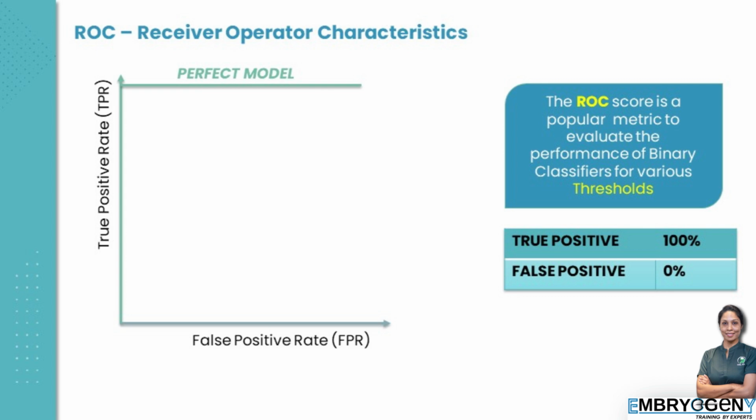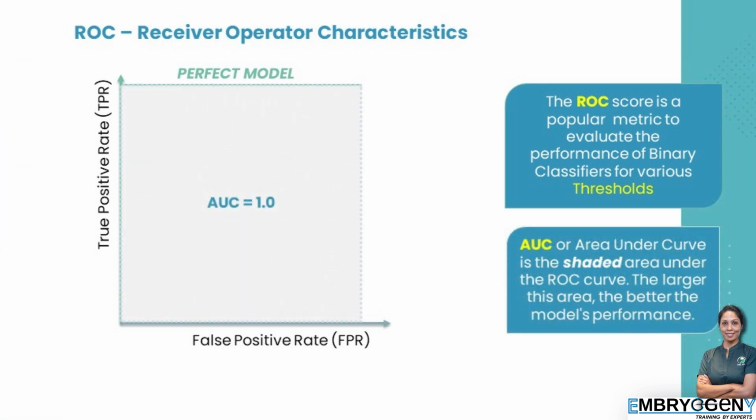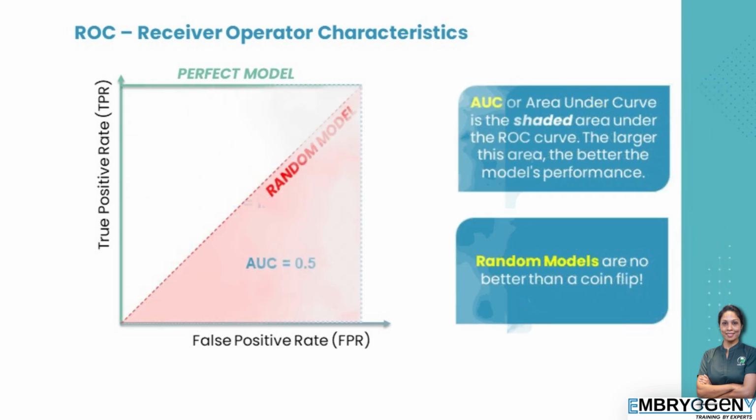Like we mentioned, the perfect model should have 100% true positive rate and 0% false positive rate, making the AUC, or area under the curve, 1.0. So the AUC is this shaded area under the ROC curve. The larger this area, the better the model performance. It is also important to note that any random model, just like a coin flip, will have an AUC of 0.5.